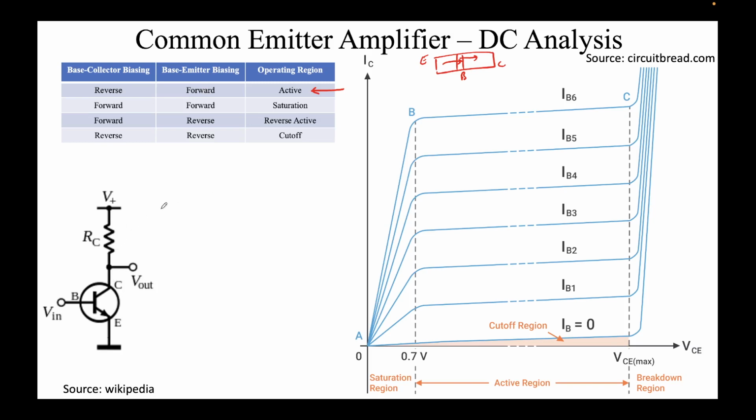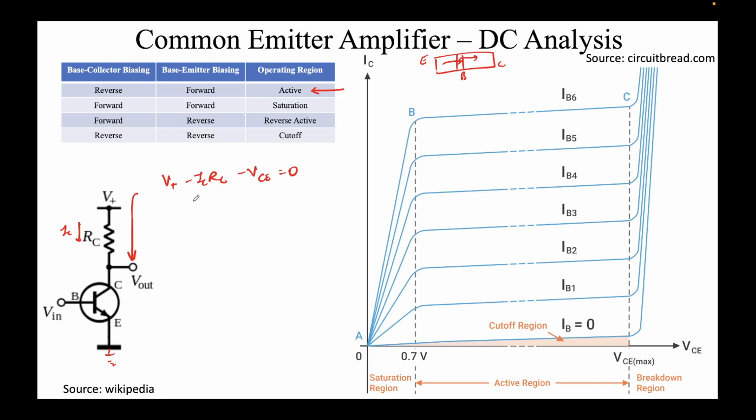So if I apply a KVL along this line, I can write V plus minus ICRC, let this current be IC, minus VCE equal to 0, and let this be the ground. If I rearrange the terms, note that the y-axis is IC and the x-axis is VCE.